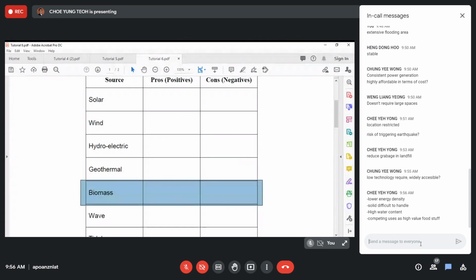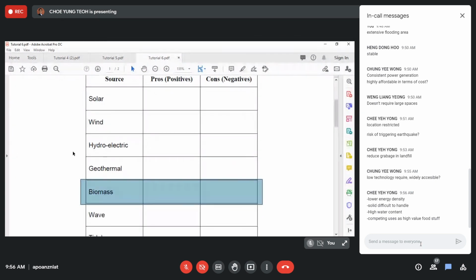Then about the disadvantages of biomass. Wow, so many. Okay, the disadvantages: we have low energy density, correct? Solid is difficult to handle. Yes, compared to the rest, we need to do the feeding from time to time. It's very difficult. And then high water content.